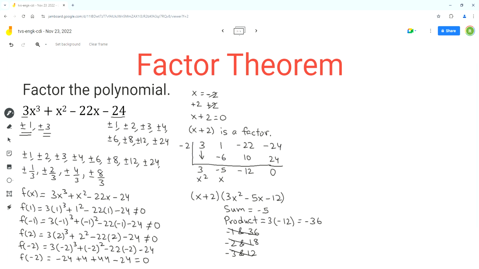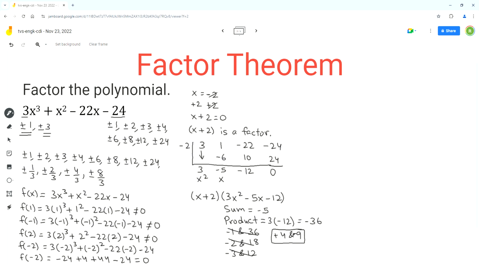The next pair can be negative 4 and 9. Negative 4 plus 9 is equal to positive 5, but we are looking for negative 5. That means we have to switch the signs on these numbers. So the numbers are positive 4 and negative 9. So these are the two numbers we are looking for.